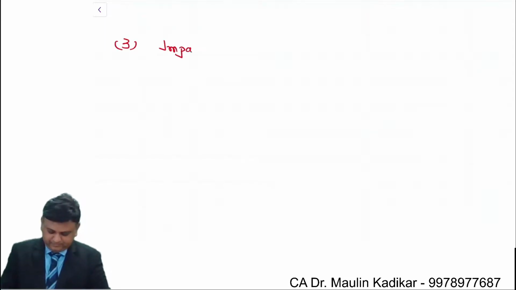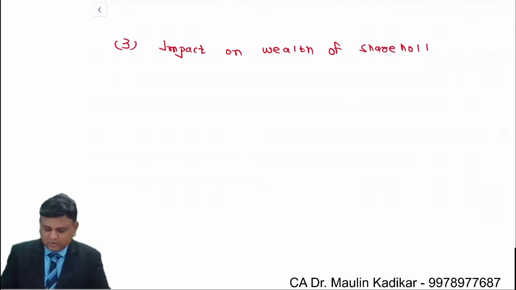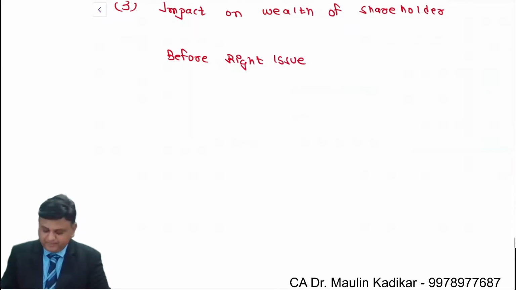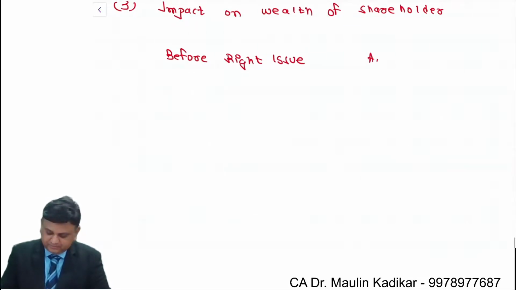Shall I then answer the third question? Impact on wealth of shareholder. Let us see what could be the impact. We can say before the right issue and after the right issue.